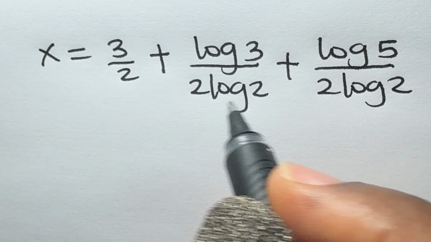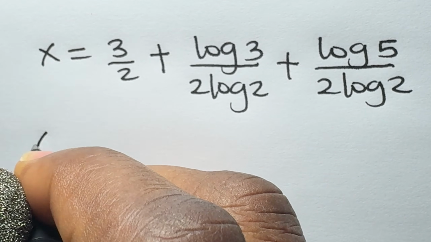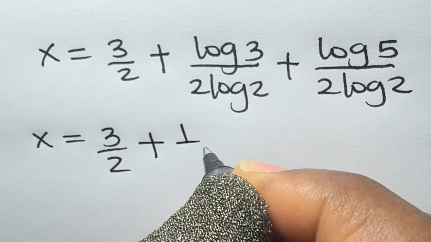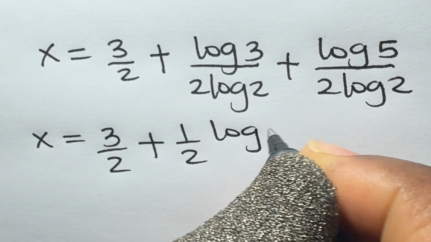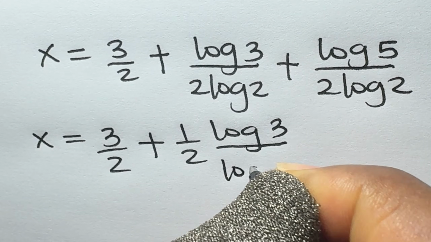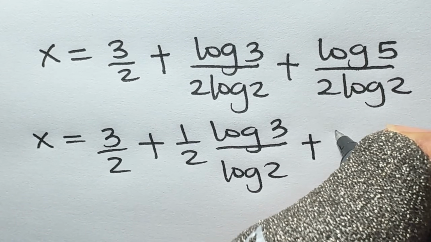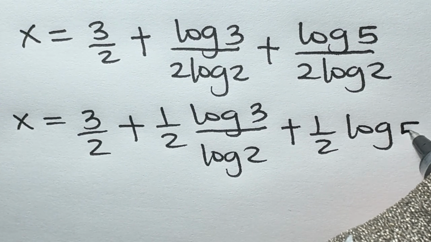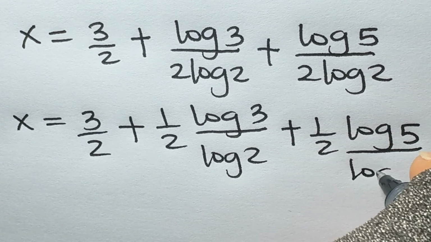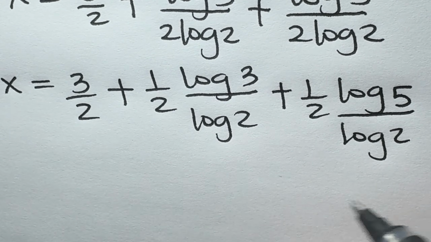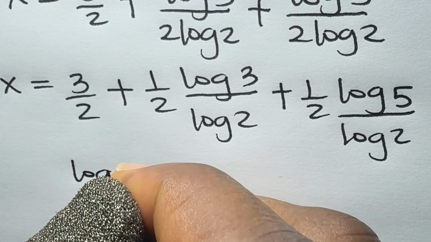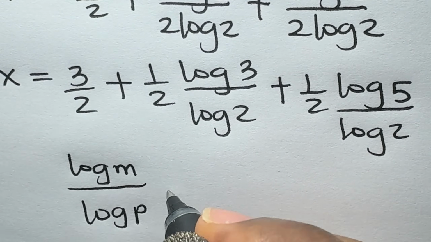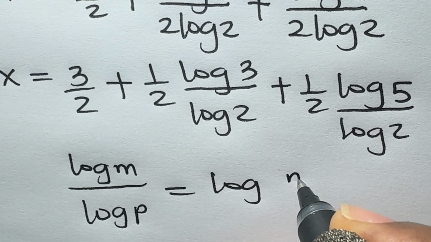Now, let us rewrite these two expressions. This will give us x is equal to 3 over 2 plus 1 over 2 log 3 divided by log 2, then plus 1 over 2 log 5 divided by log 2. And then we apply law of logarithm, log m divided by log p will give us log m base p.